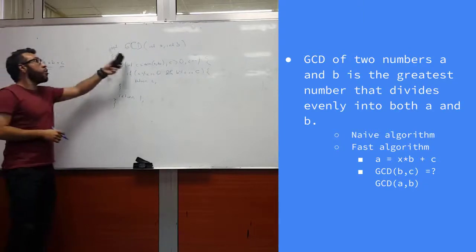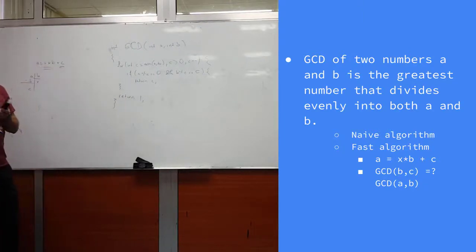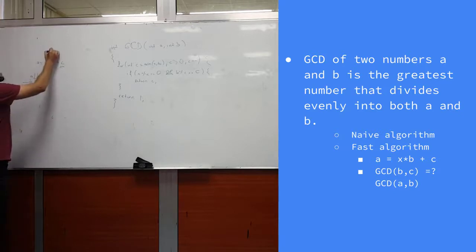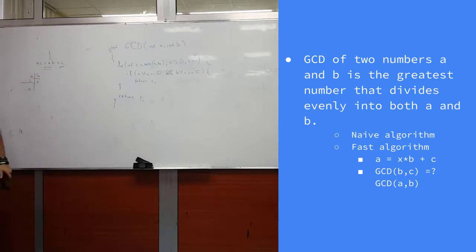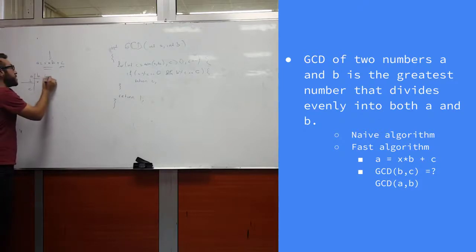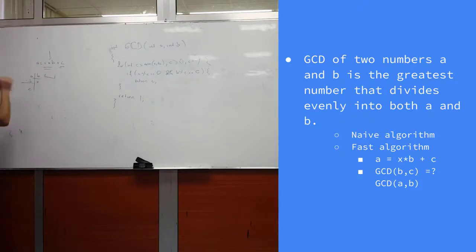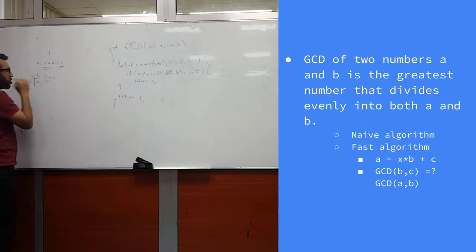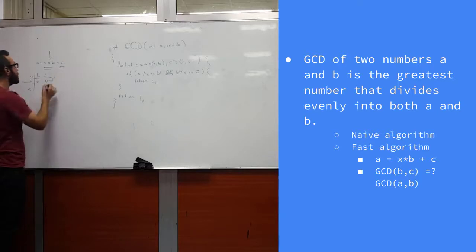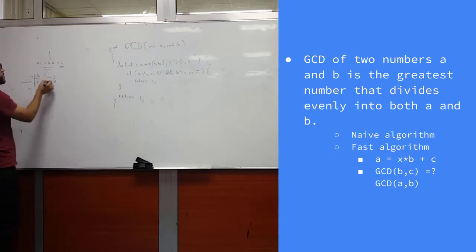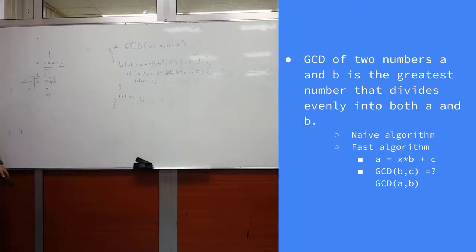If we are talking about the greatest common divisor, would that greatest common divisor divide X times B evenly? Right? Because it has to divide B, otherwise it cannot be the greatest common divisor. So if this part is evenly divided, then we know that, let's say the result greatest common divisor is GCD, X times B mod GCD is equal to 0, right?